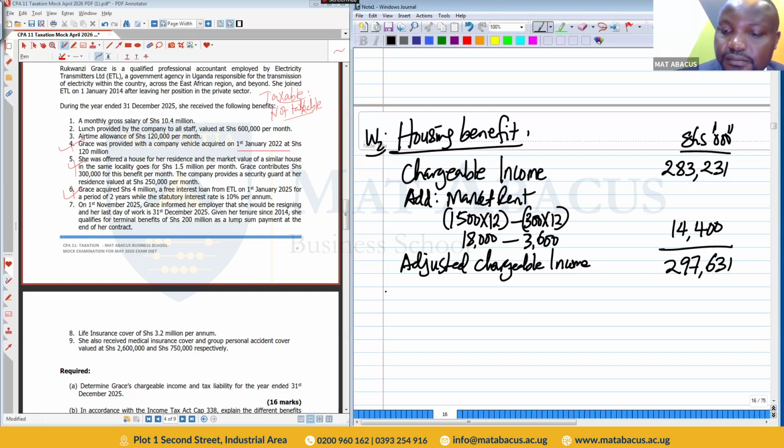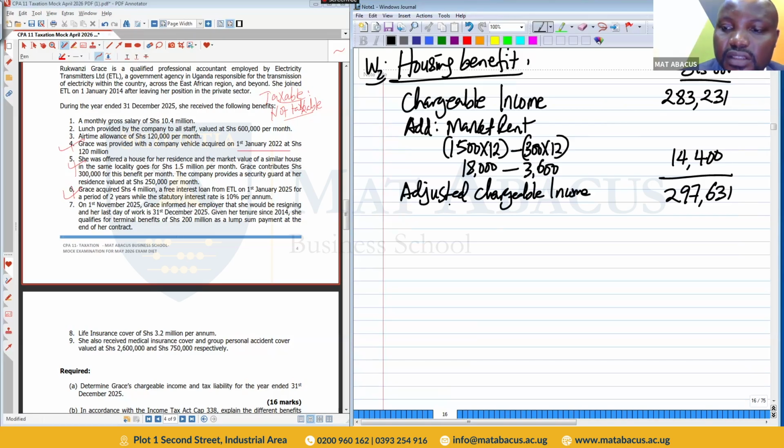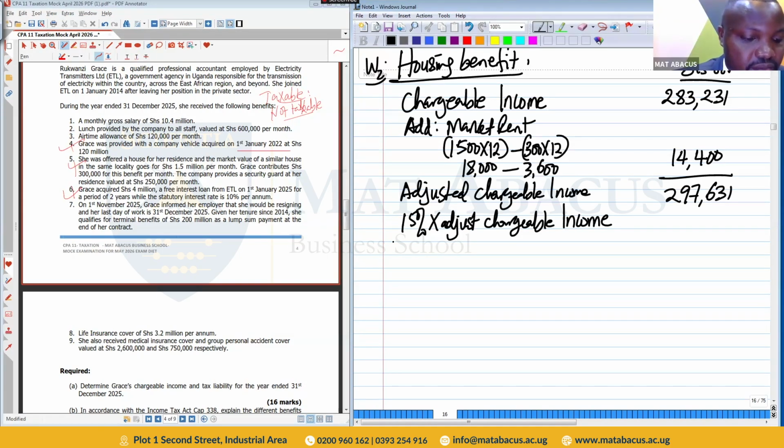Now the formula is saying, after you get this, you get 15% of adjusted chargeable income. Adjusted chargeable income. So we shall get times 15%, which will give me 44,645.